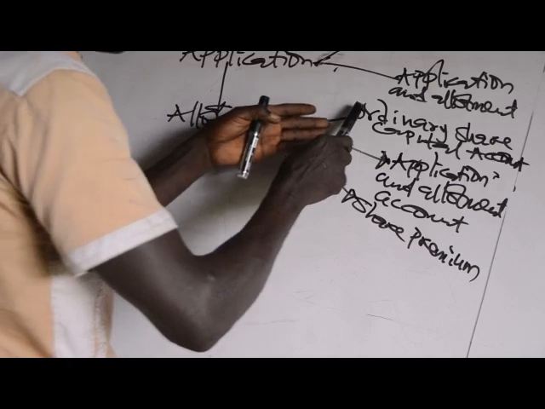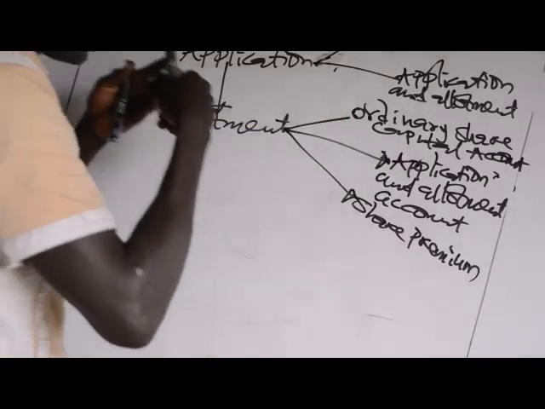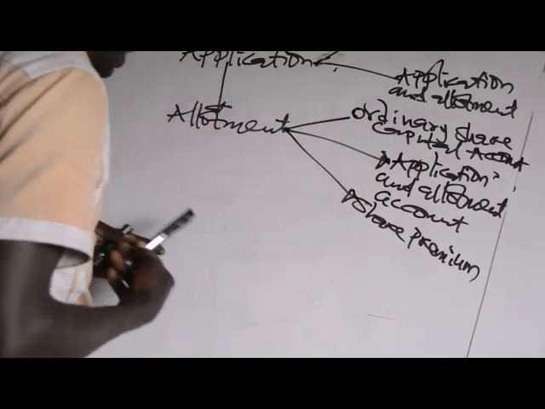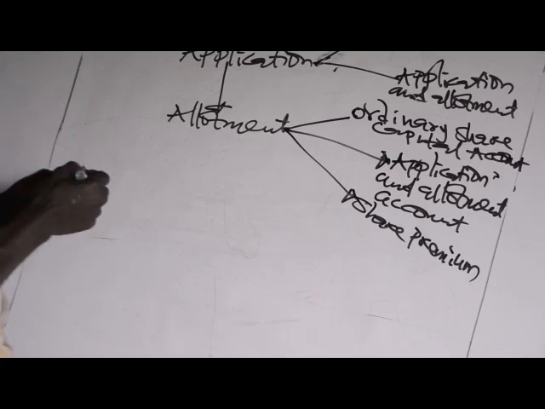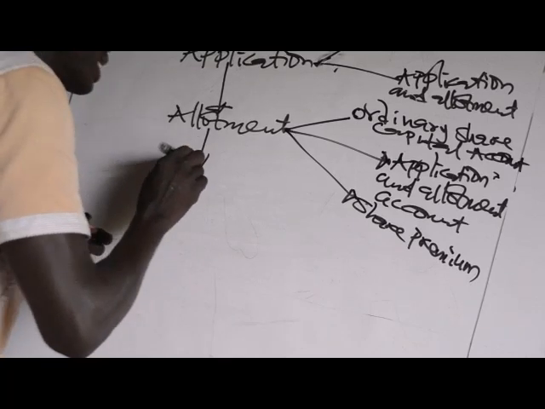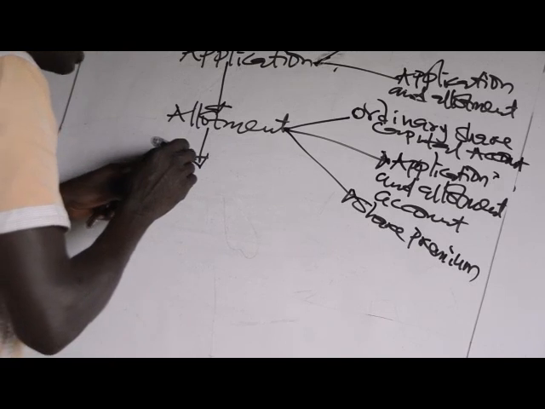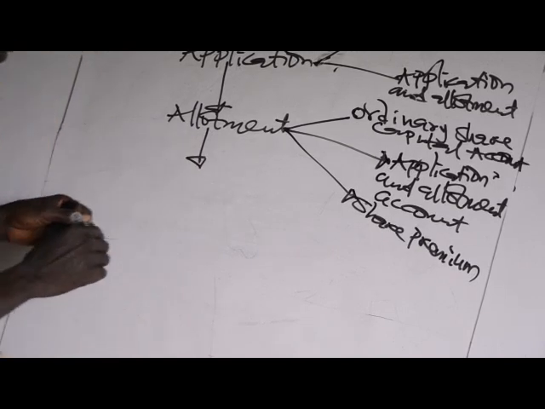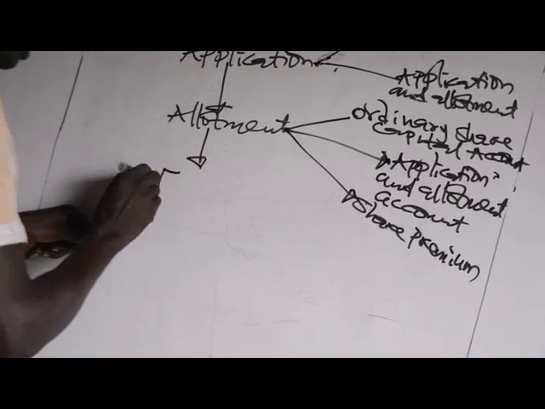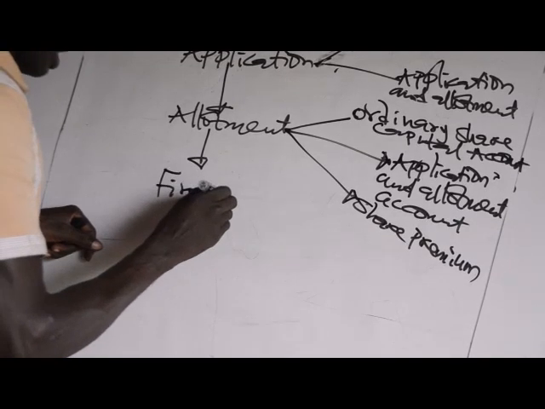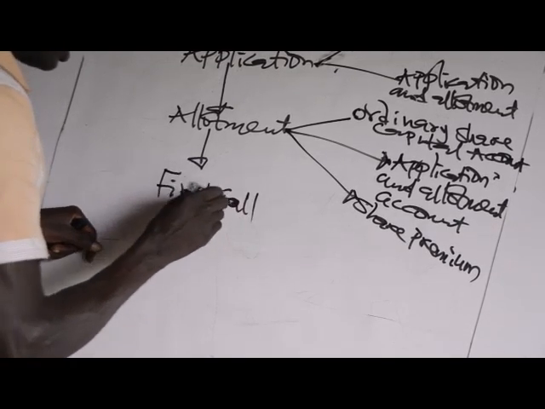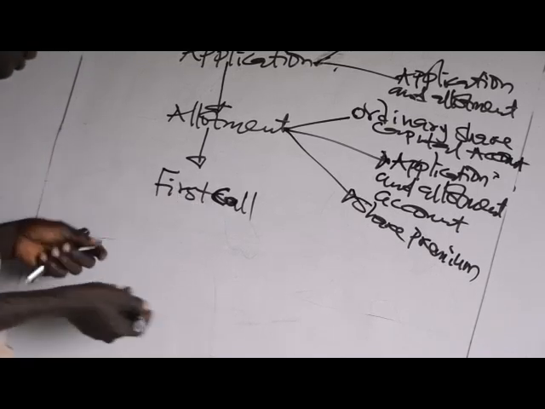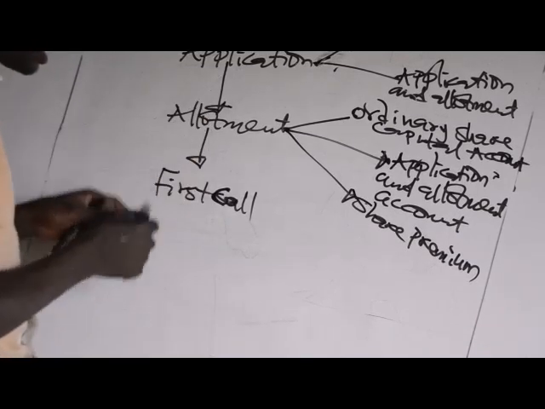you have recorded the amount in the ordinary share capital account. Then it is possible where the shares are issued by installment. That means you may have a first call account, or you may have a call account. So if you have the first call, the first call account will be created.